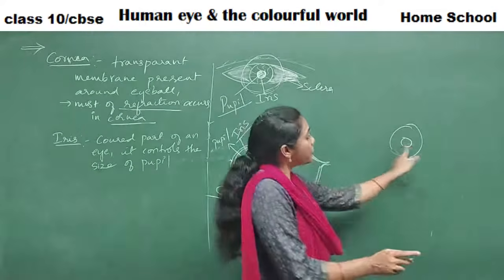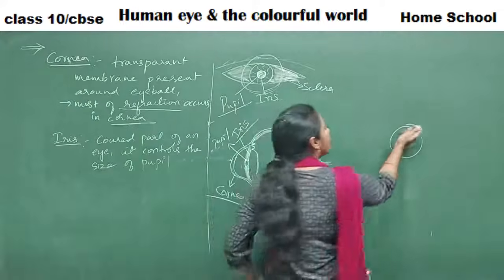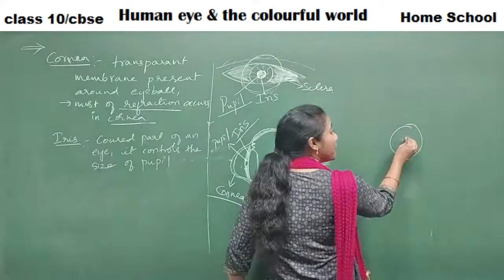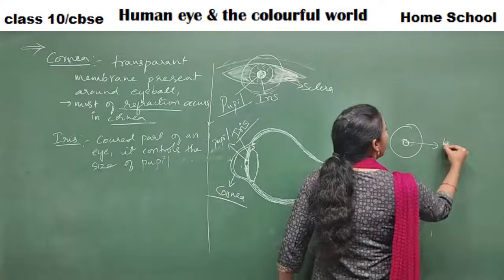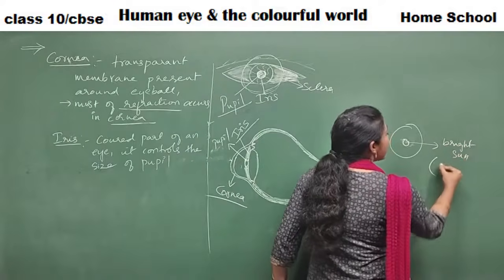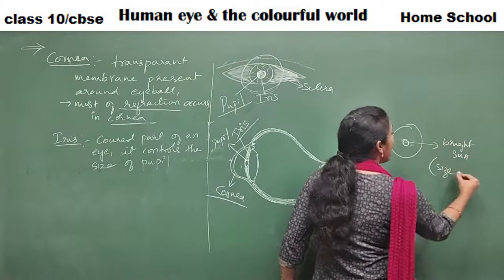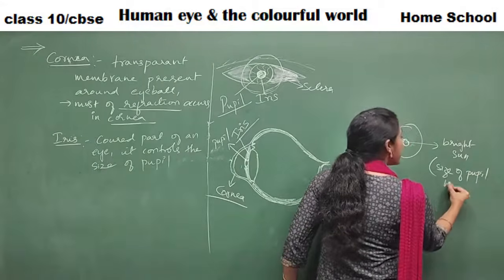Through the pupil only does light enter into the eye. So the iris will help the pupil to become small. In case of bright sun, the size of the pupil becomes small.